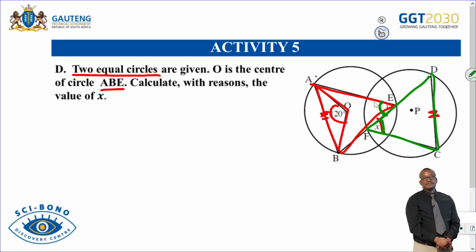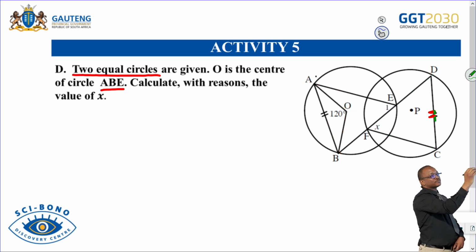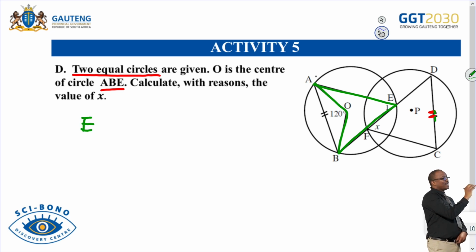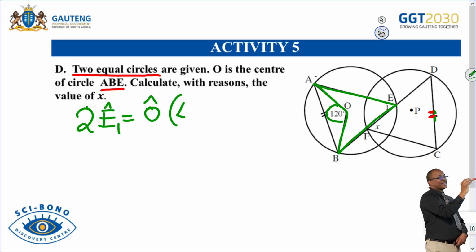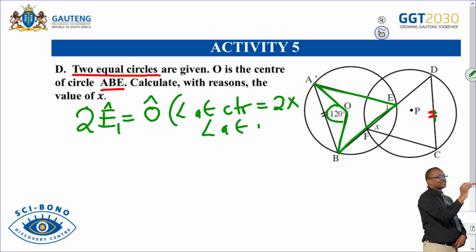Looking at theorem number 2. Remember our theorem number 2: the angle at the center is 2 times the angle at the circumference. It means for us to get E1, we must say 2 times E1 is equal to angle O at the center. The reason is the angle at the center is equal to 2 times the angle at the circumference.